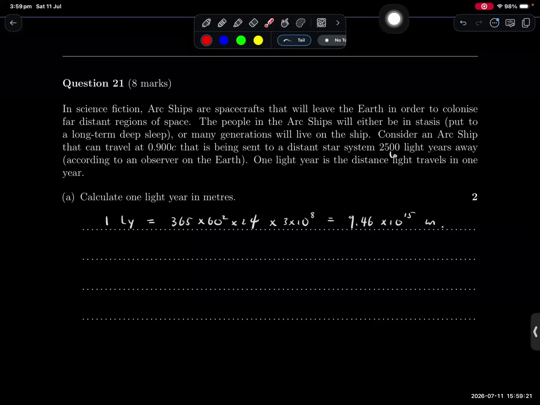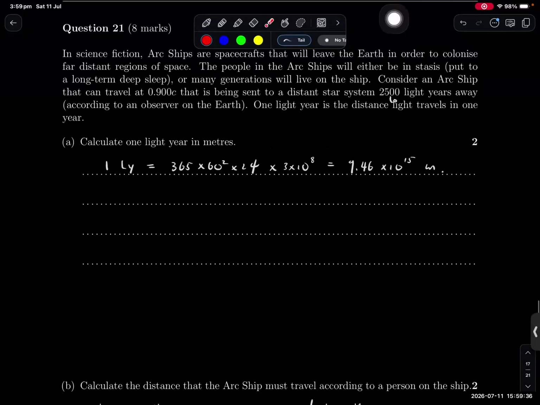Consider an ark ship that can travel at 0.9 c that is being sent to a distant system 2,500 light years away. Note that 1 light year is the distance that light travels in 1 year. Calculate 1 light year in meters.